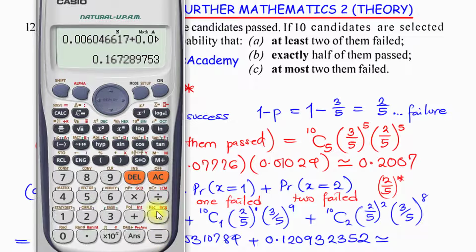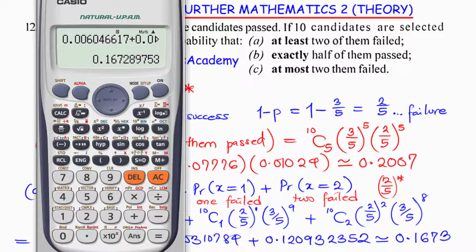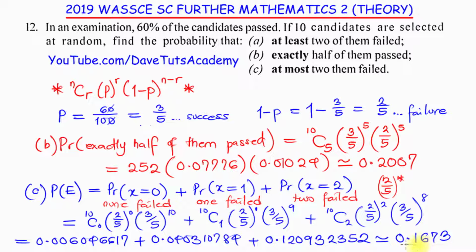All right, so this is 0.167289, approximately to 4 decimal places. The 8 will be rounded up to 1 and added to 2, so I have 0.1673. This is the solution for question C, and the earlier one is the solution for question B.